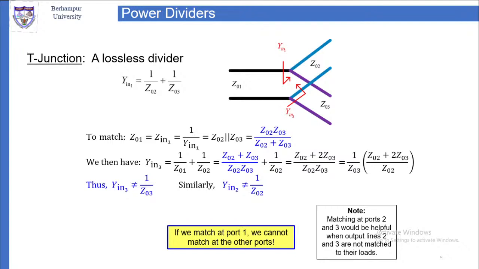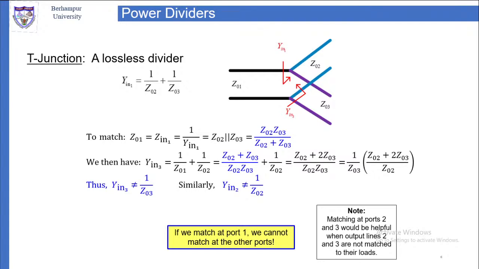As we have seen, Z01 is equal to Z02 into Z03 by Z02 plus Z03. Therefore, 1 upon Z01 is equal to (Z02 plus Z03) by Z02 into Z03. So that is for 1 by Z01, then plus 1 by Z02.